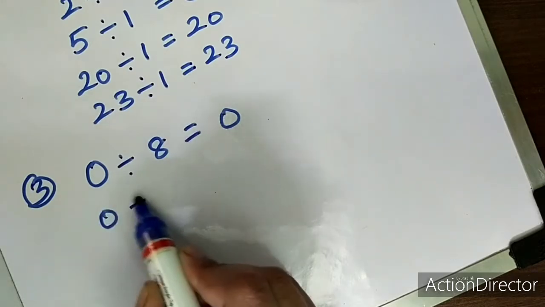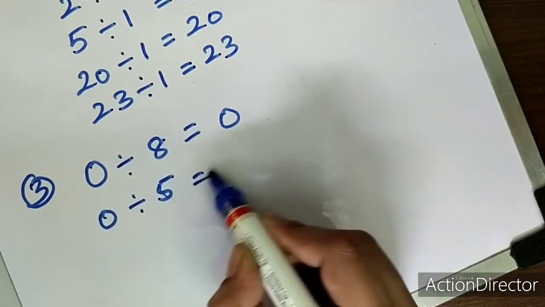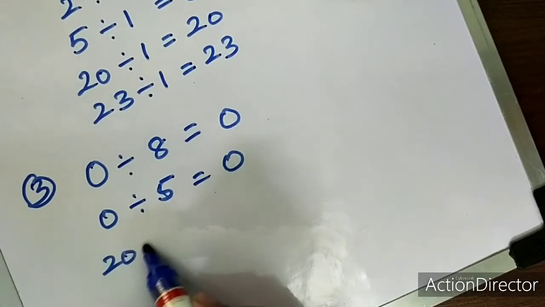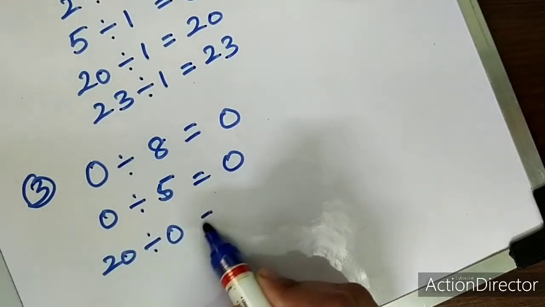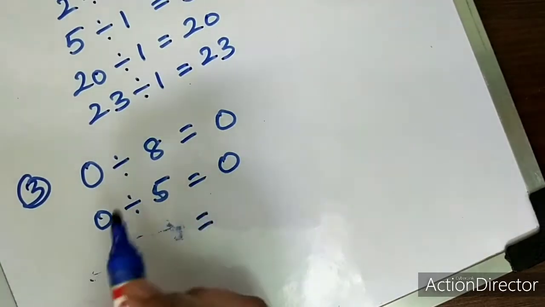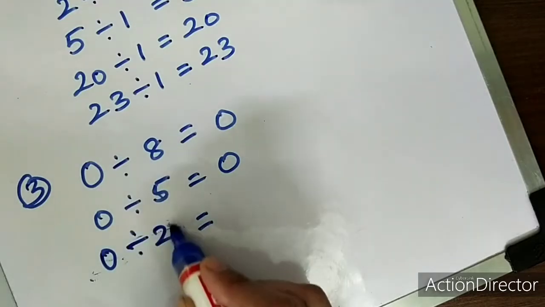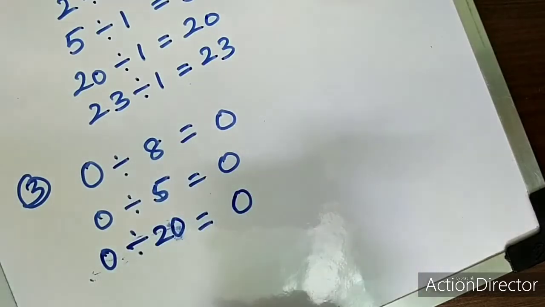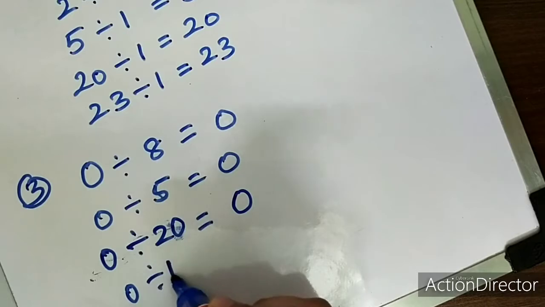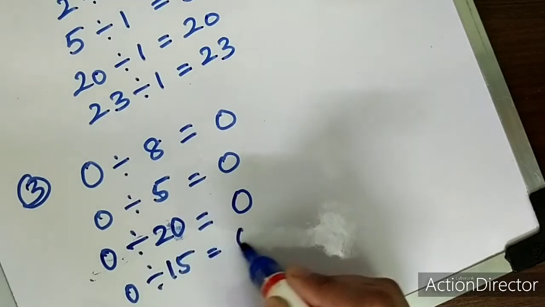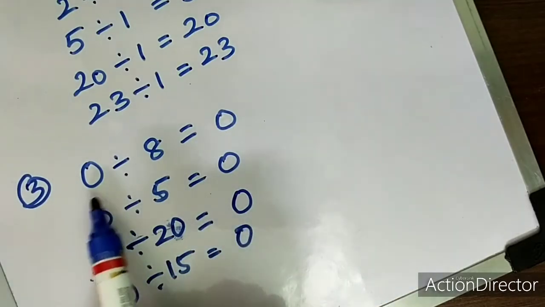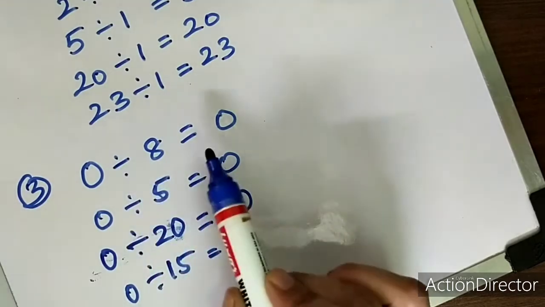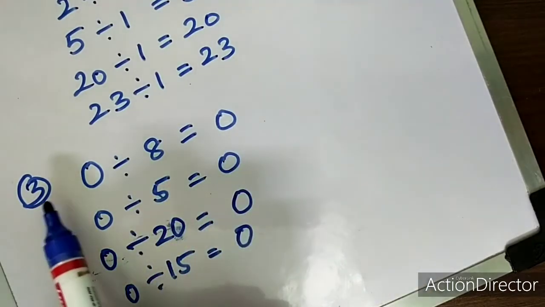That is 0 divided by 5 is 0. 0 divided by 20 is 0. 0 divided by 15 is 0. So 0 divided by any number, the answer will be 0. That is the third property.